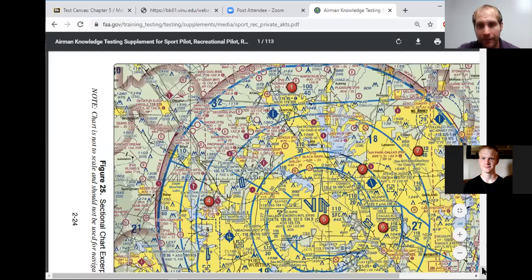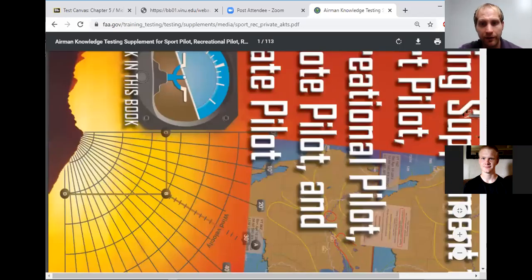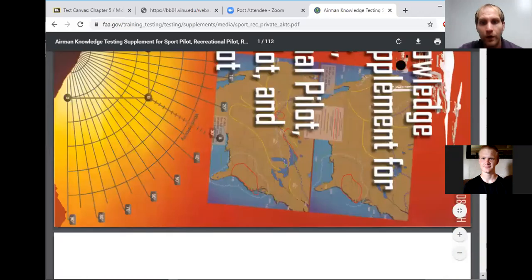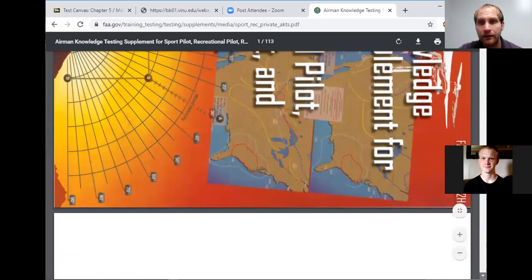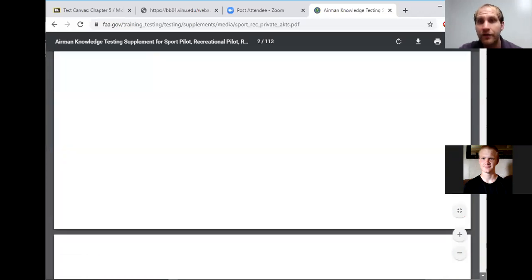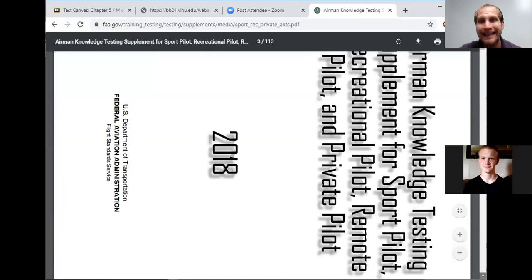So if I can get my PDF document to load up, you can go to the front of your supplement book. Unfortunately, it doesn't respond very quickly. There we go. Might need to zoom out too. Might need to scroll down a few. We can look at the beginning of this document to find legends.